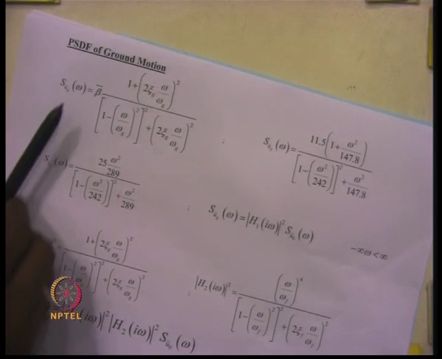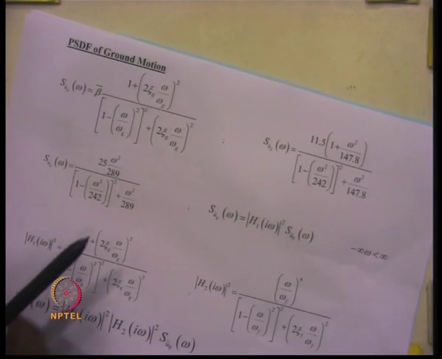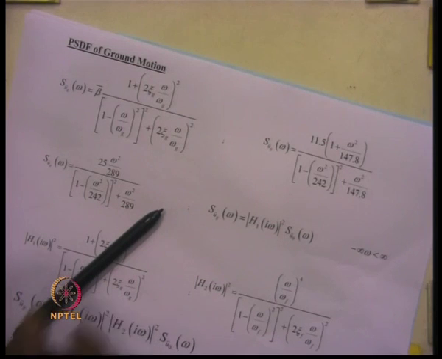The concept here is that the ground motion while travelling from the rock bed to the surface gets modified due to the soil condition, and depending upon the soil predominant frequency and damping, it takes the shape of the power spectral density function.